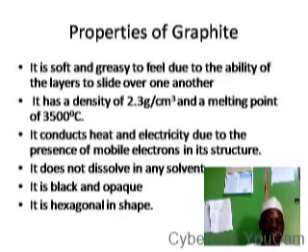It conducts heat and electricity, as we have said, due to the presence of mobile electrons in its structure. Like diamond, graphite does not dissolve in any known solvent, but in its own case it is black and opaque, and it is in the form of hexagonal plates.